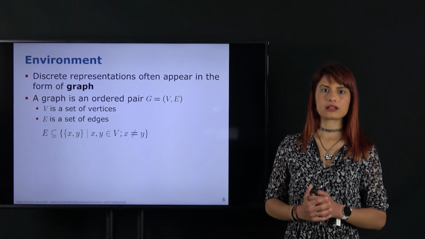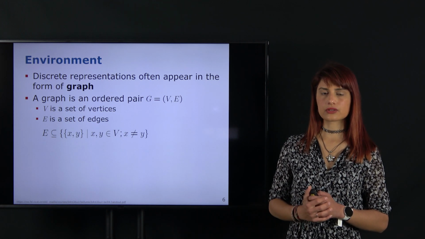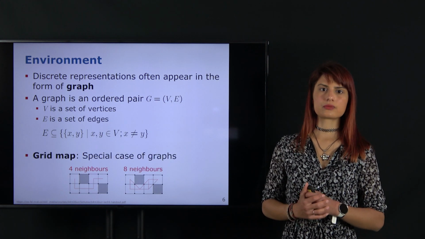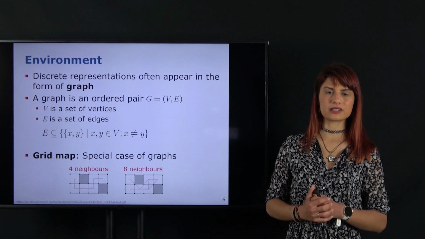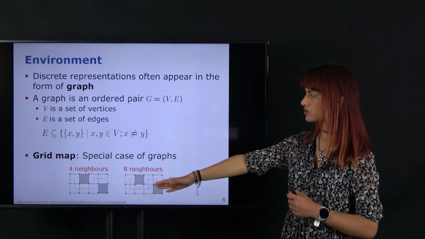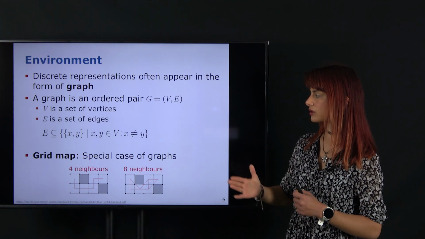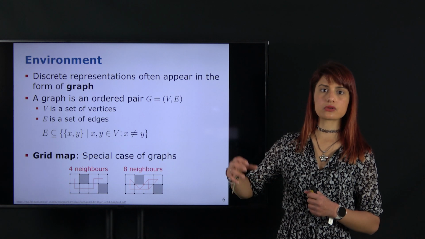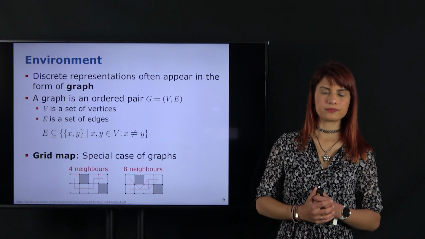A special case of graphs that we often encounter is the grid. A grid is a uniform discretization of the environment. And we can specify a resolution and impose a particular grid over the environment where each cell of the grid corresponds to a robot configuration.